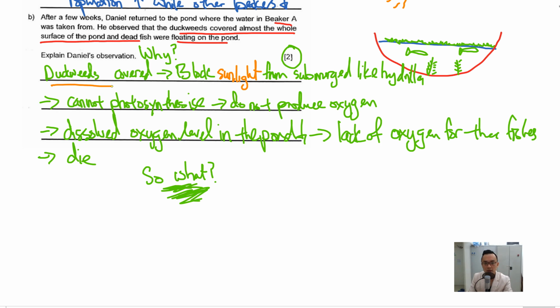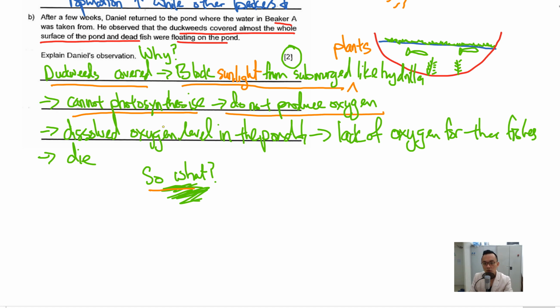Basically, the duckweeds covered the entire surface of the pond. So what if the duckweeds covered? They will block the sunlight from the submerged plants like hydrilla. And so what if they block the sunlight? The plants cannot photosynthesize. And so what if they cannot photosynthesize? The plants do not produce oxygen.